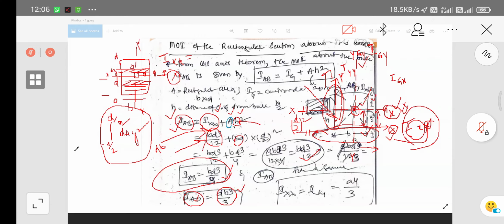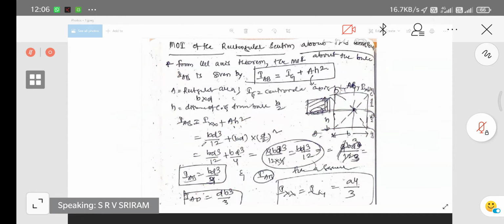So this bd cube by 12 is about the x axis only. But what about the y axis? It is db cube by 12 if you consider a vertical strip. Previously, for the x axis, we considered a horizontal strip. Now you will get Iyy as db cube by 12.